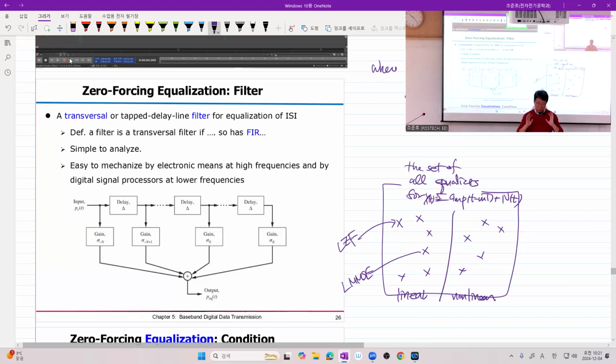So I cannot cover them all. Some nonlinear equalizers are too complicated to analyze, actually. Anyway, just remember, there are many different equalizers for digitally modulated signals. And your choice depends on your optimality criterion and also the complexity constraint. Got it?